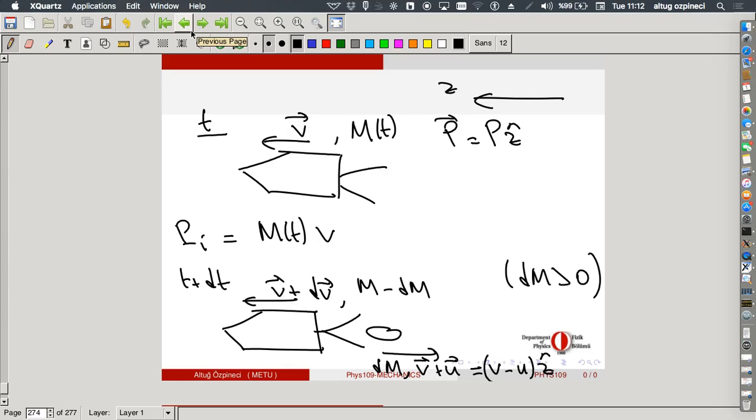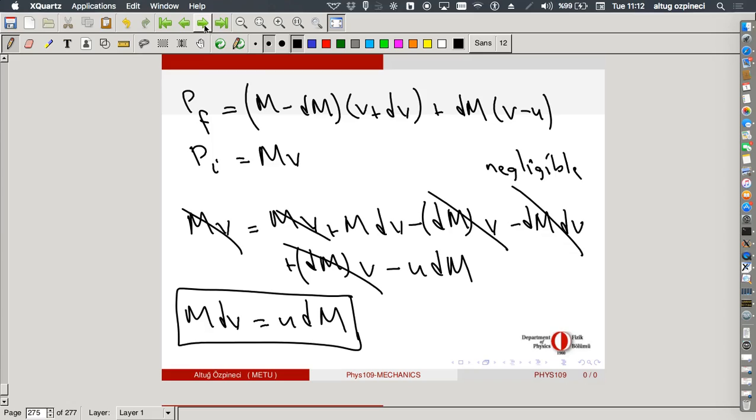There's a subtle point here when you are doing the integrals that you should keep in mind. You see, here we defined dm to be larger than 0. I also had this tendency of ignoring such things. It's obvious, right? dm is larger than 0. But dm is not really the change in the mass, it's the reduction in the mass.